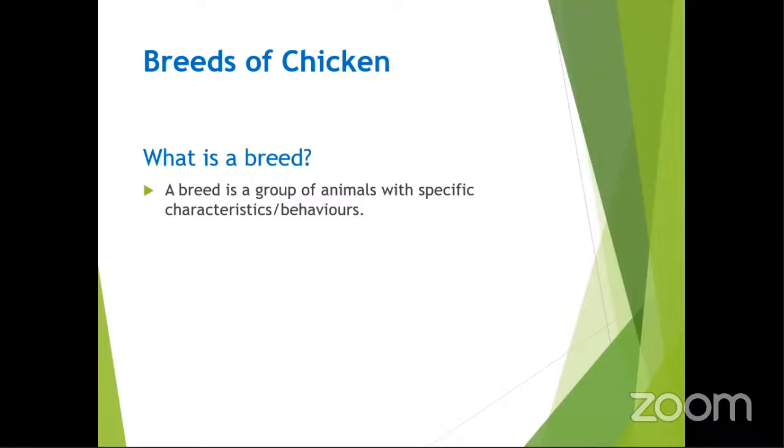Just choose one. You can simply say a breed is a group of animals with specific characteristics. Full stop. Then if you don't want to use the word characteristics, simply use behaviors. A breed is a group of animals with specific behaviors, as simple as that.